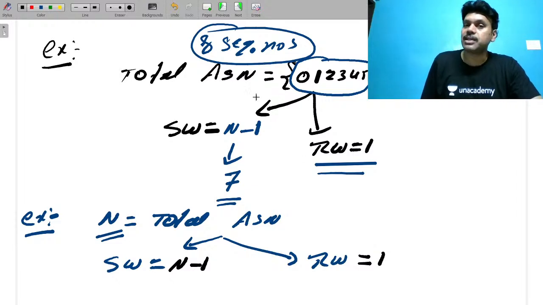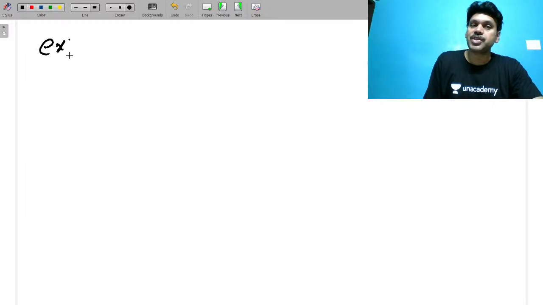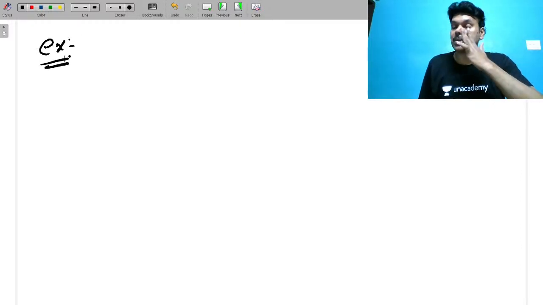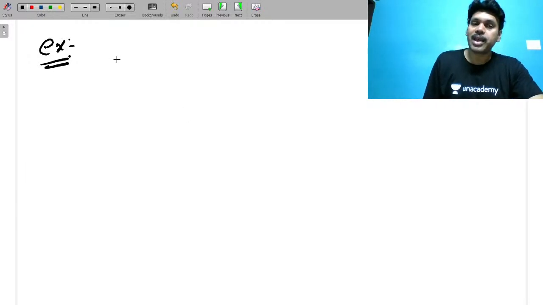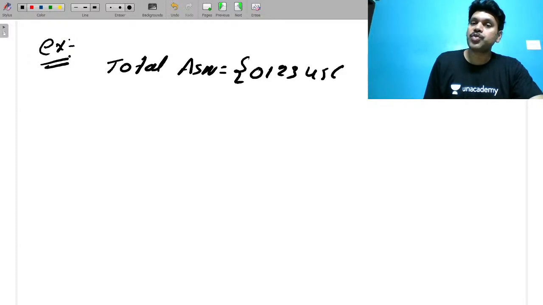Please observe every example. If I am saying another example, this is how you can calculate the sender window size using the sequence number, because every frame is associated with a sequence number only. I say total available sequence numbers are 0, 1, 2, 3, 4, 5, 6, 7.